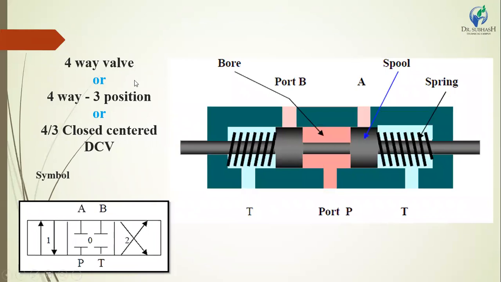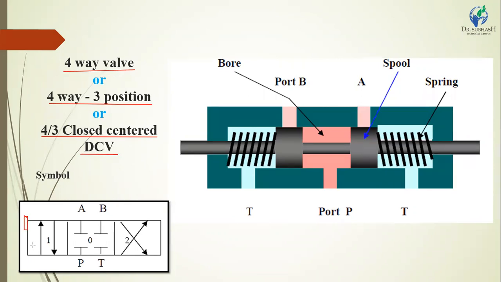The next is the four-way, three position valve, the 4x3 closed center DCV. The number of ports is 4 and the number of positions is 3.